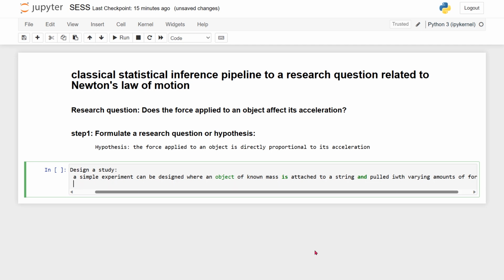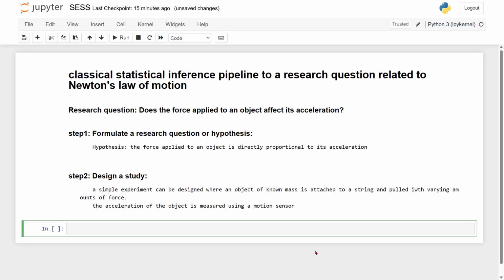The acceleration of the object is measured using a motion sensor. This is our second step.